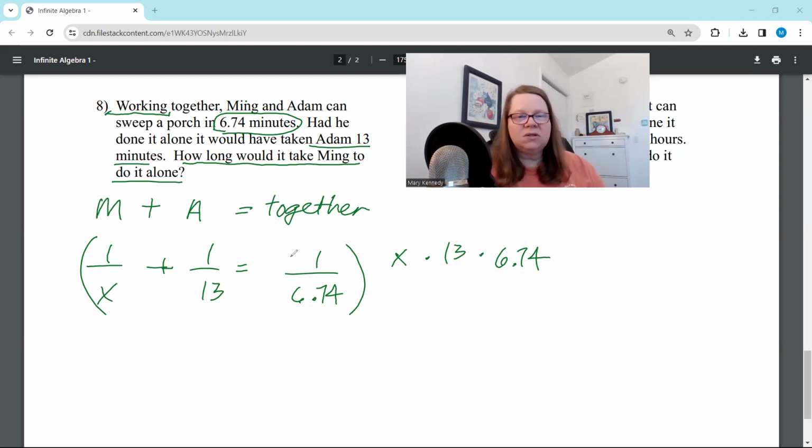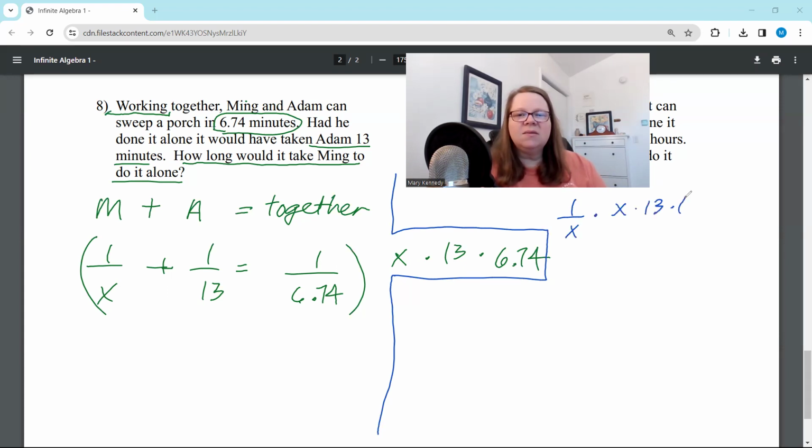That looks confusing at first, but let's look at what it actually means. 1 over X times X times 13 times 6.74. If we put all of that over 1, we can see that the X's cancel, and we're left with 13 times 6.74.